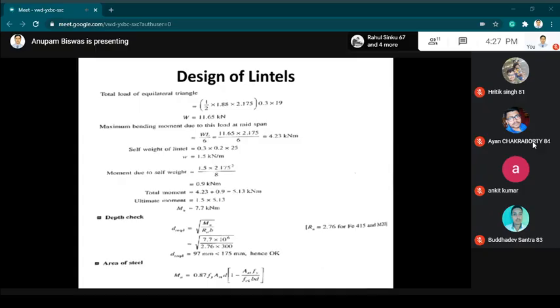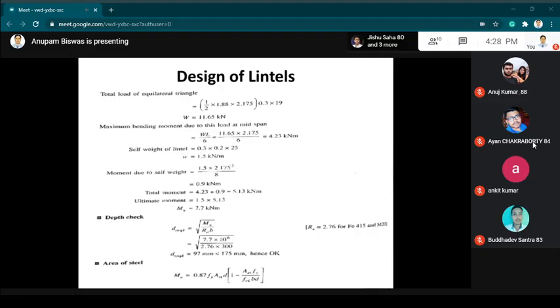Next is to find out the self weight. The cross sectional area into the unit weight of concrete, that is 25. So 0.3 depth into 0.2 width into 25.